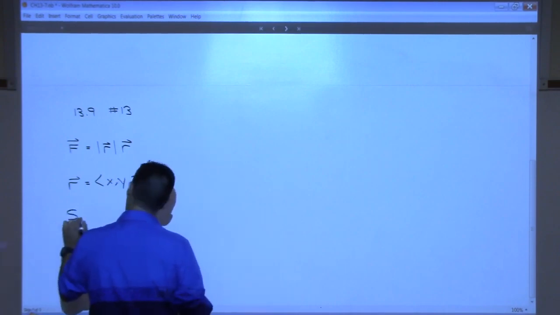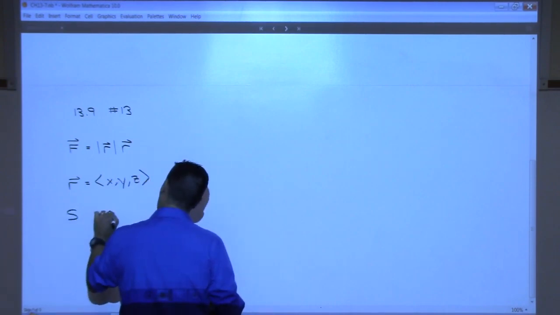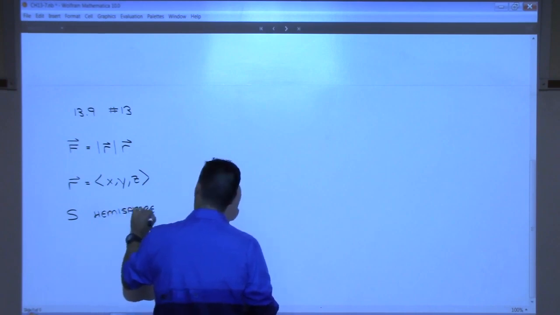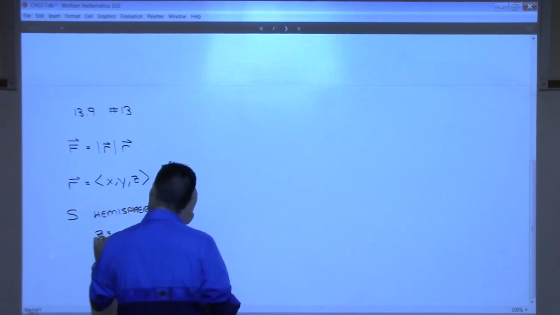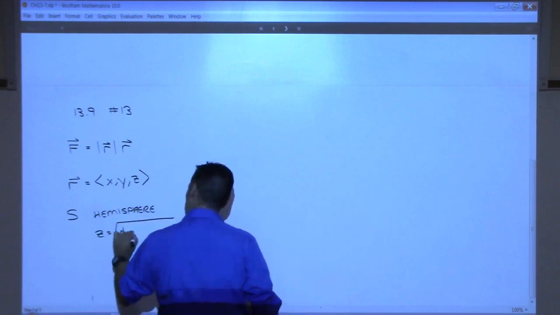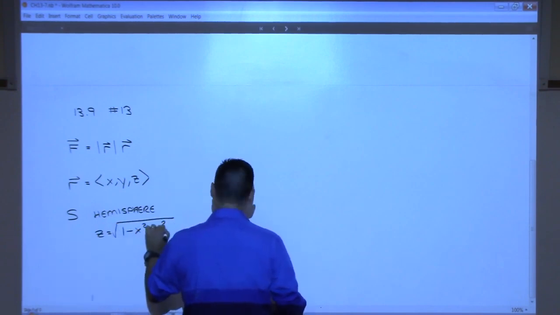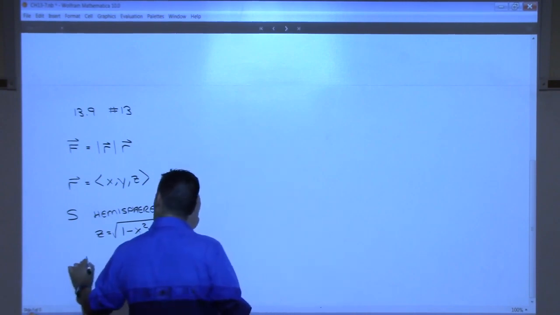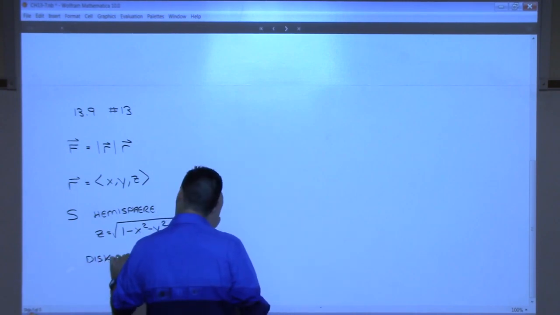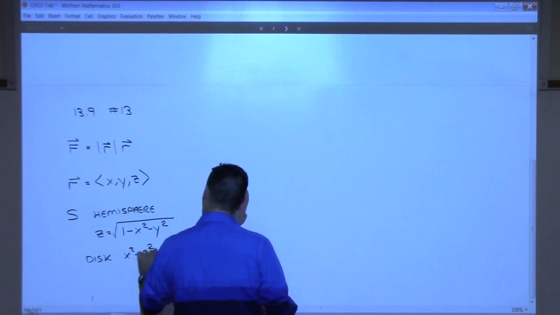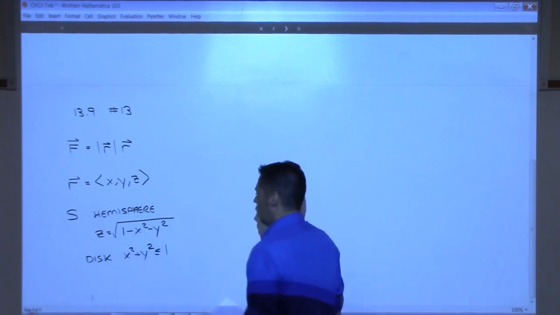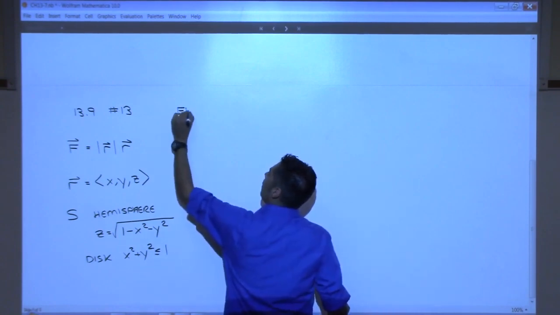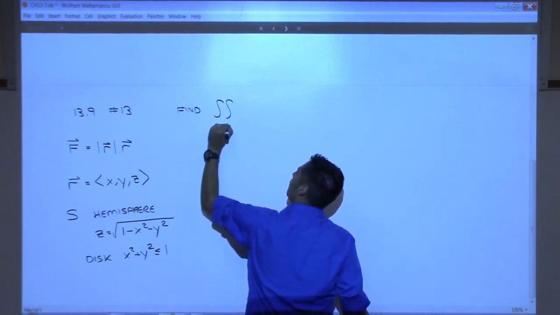S is the hemisphere z equals square root of 1 minus x squared minus y squared, and the disk x squared plus y squared is less than or equal to 1. And they want you to find the flux.